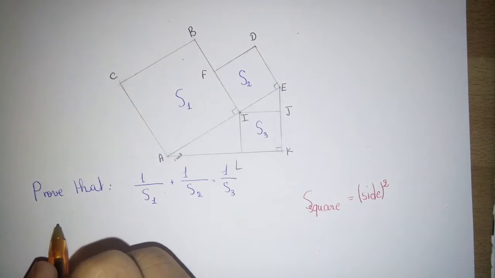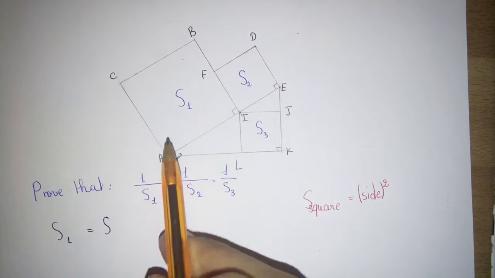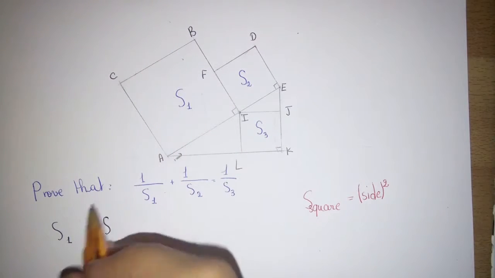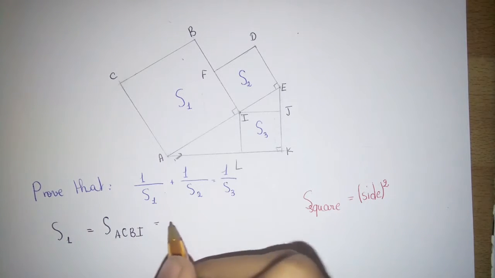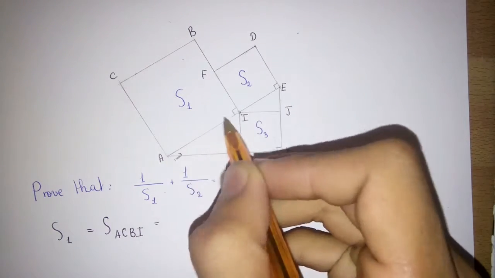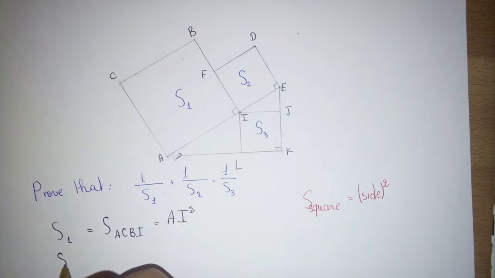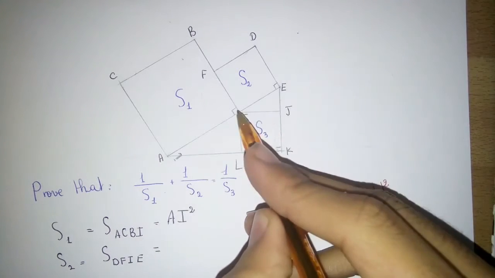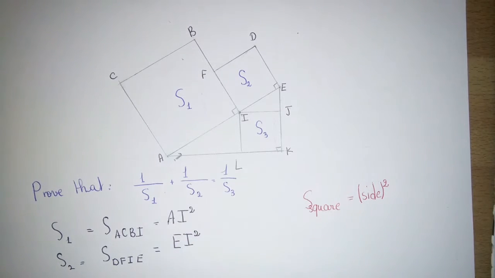Let's start with S1. S1 would be the surface of the square ACBI, and that is the side length AI squared. Likewise, S2 is the area of square DFIE, and this equals the side length EI squared.